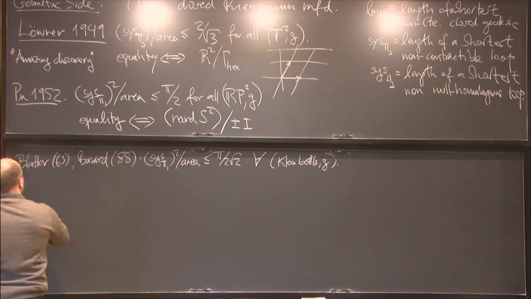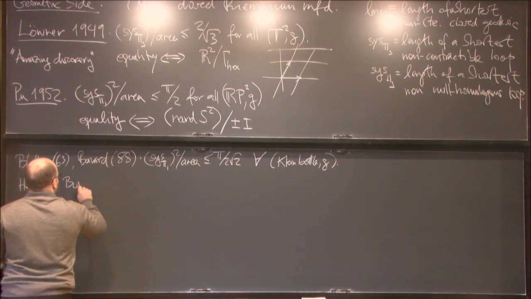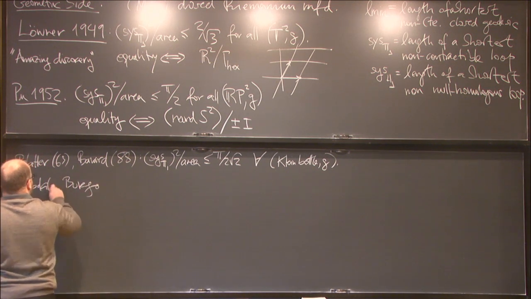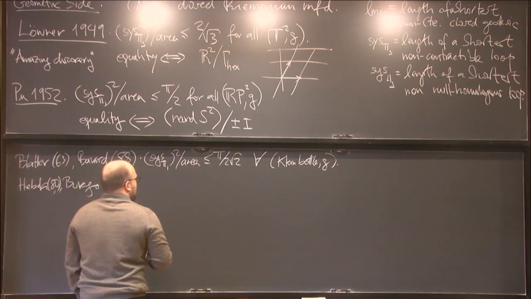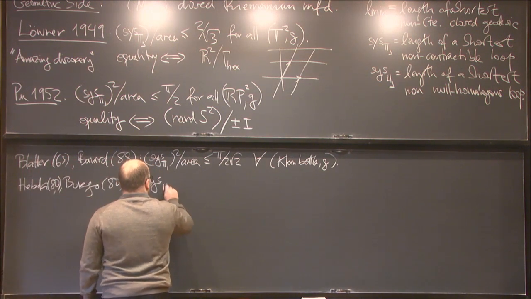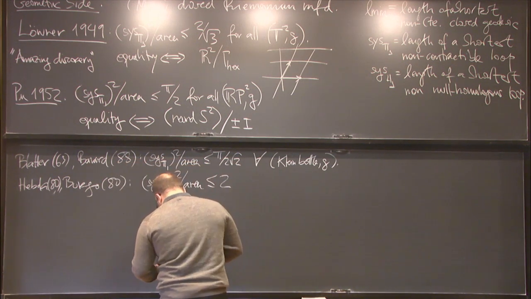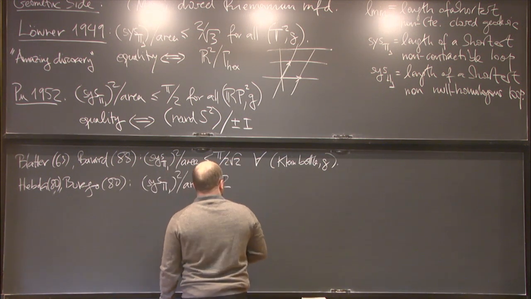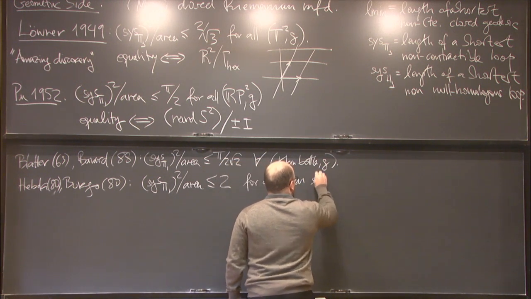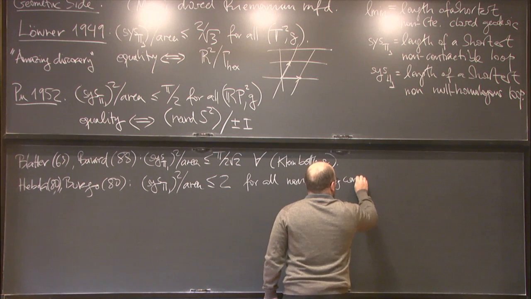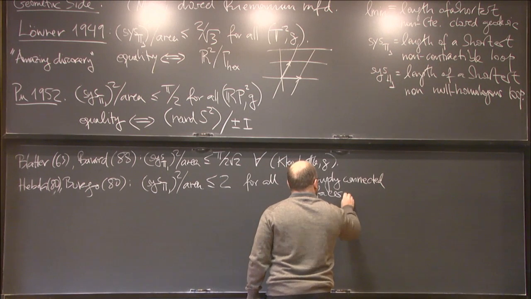And also I'd like to mention Ebda and Burago, also independent, asserting that this ratio is not larger than 2 for all non-simply connected surfaces.